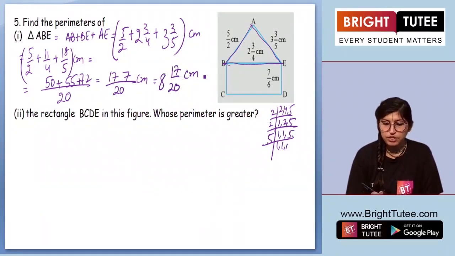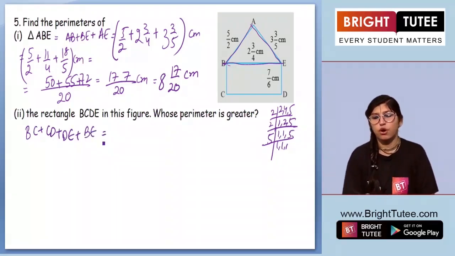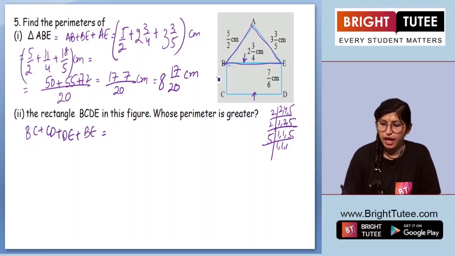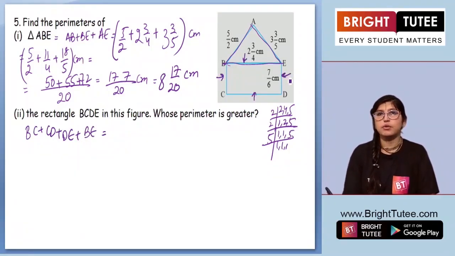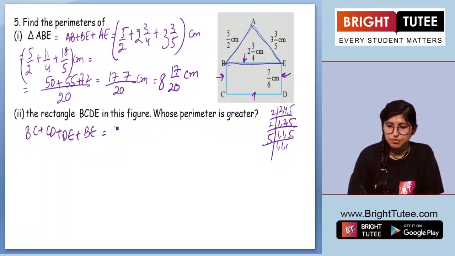Now they are asking about the perimeter of rectangle BCDE in this figure. So we'll be adding BC plus CD plus DE plus BE. Now since it's a rectangle, both the lengths are equal and both the breadths are equal. So we'll write it down as 2 times 7/6 plus 2 3/4 centimeter.